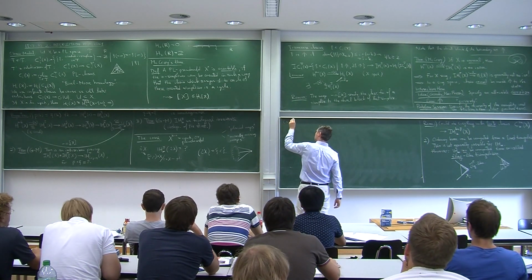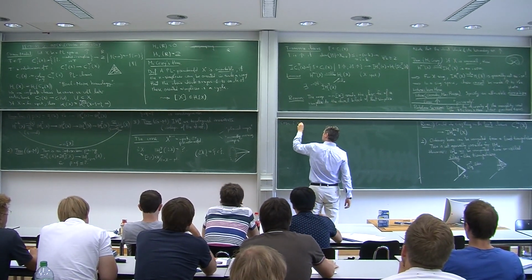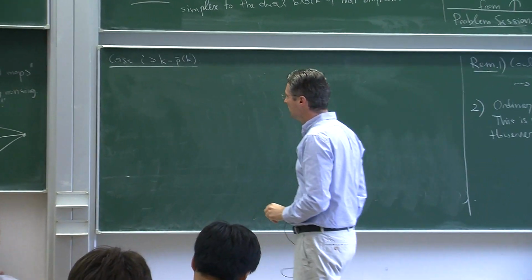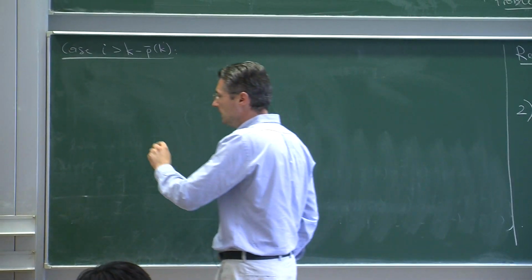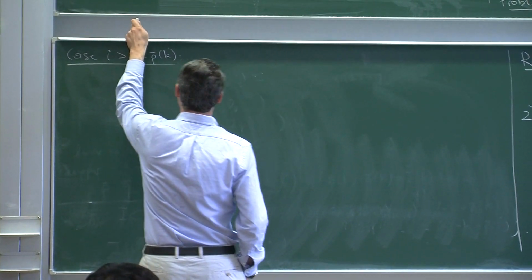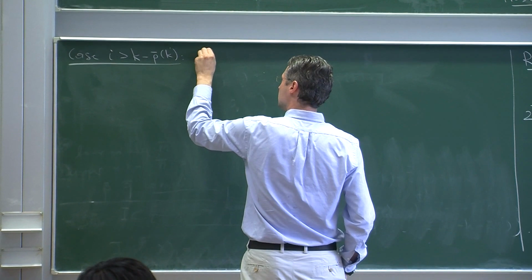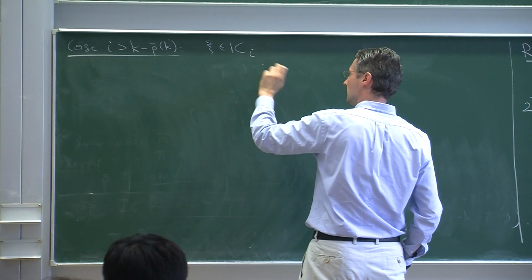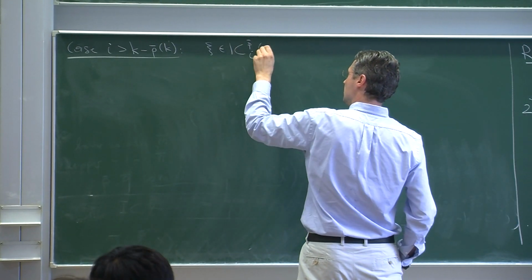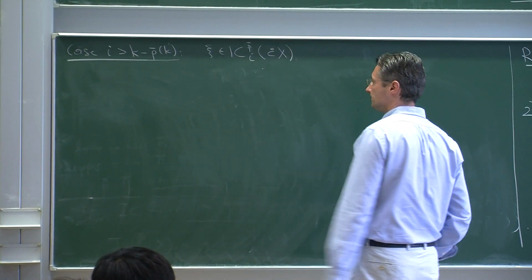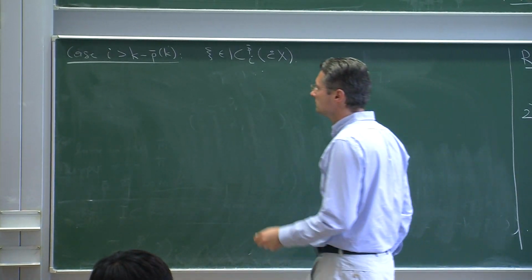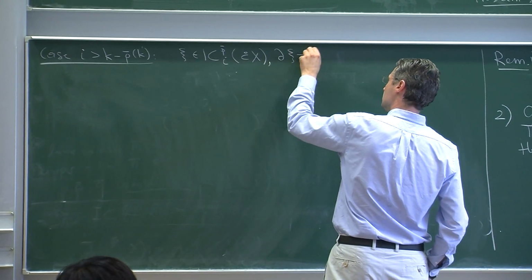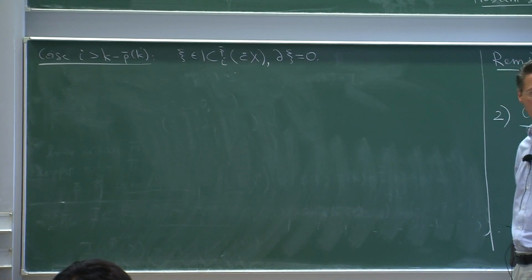So one has to distinguish two cases. Let's say i is greater than k minus pk. So in this case, suppose that xi is an intersection chain of dimension i in the cone. And suppose it's in fact a cycle, so that it represents a homology class.